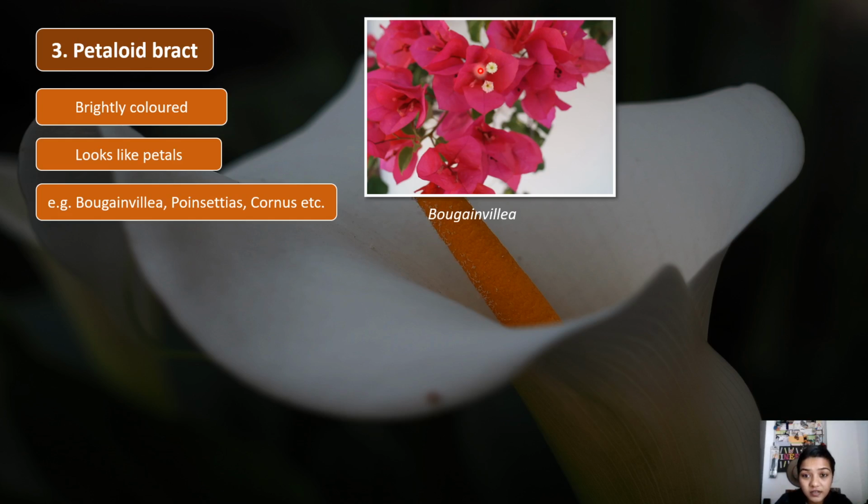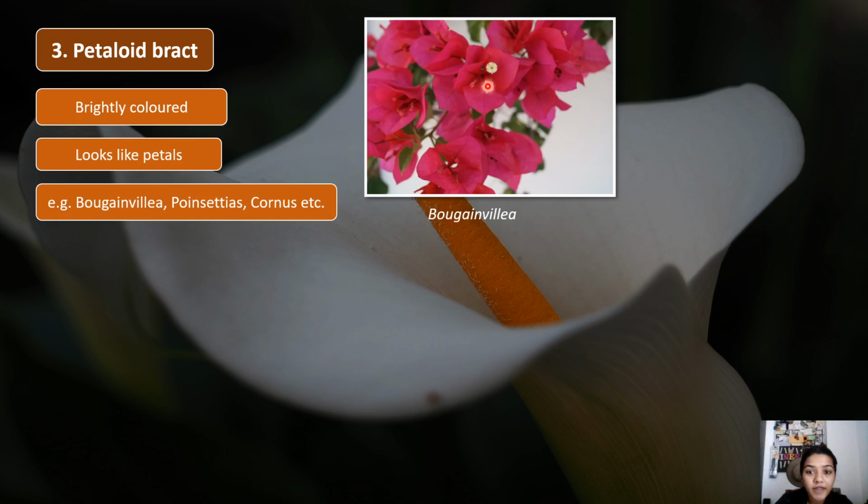So this is the structure that you see, the petaloid bract. ये जो पिंक स्ट्रक्चर आप देख रहे हो ये फ्लावर नहीं है, ये ब्रैक्ट है, राइट? जो आपको पेटल जैसा लगता है बट ये पेटल्स नहीं है, ये ब्रैक्ट है. और बीच में जो आप वाइट स्ट्रक्चर देखते हो वो एक्चुअली फ्लावर्स है.